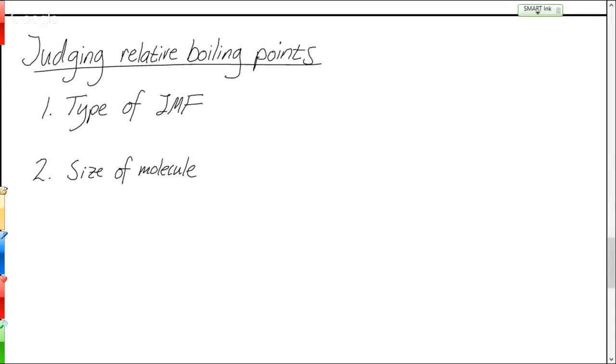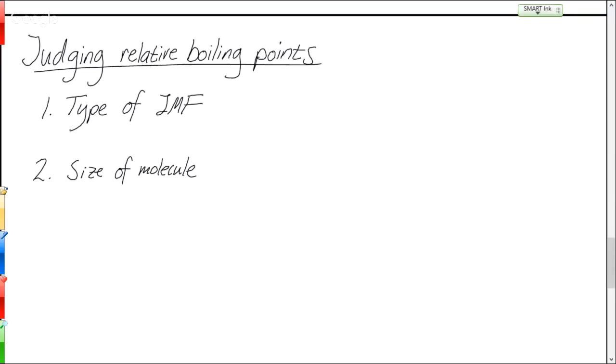So you're going to look at a molecule and say, all right, if this has polar forces, if this has hydrogen bonding forces, it's going to be much, much stronger held together in the liquid phase, and therefore it's going to have a higher boiling point, something like water, than if it's nonpolar. If two compounds have about the same type of intermolecular force, then we're going to look for whichever one's bigger. The bigger one's going to have the higher boiling point.